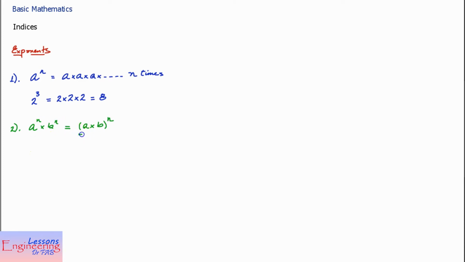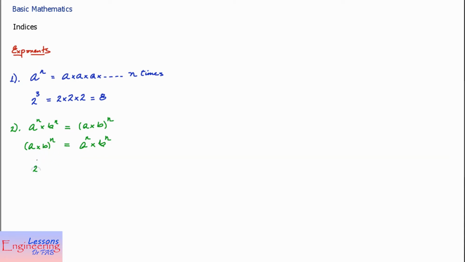If you were given the expression (a times b) raised to n to start with, it is also possible to decompose it into a raised to n times b raised to n.